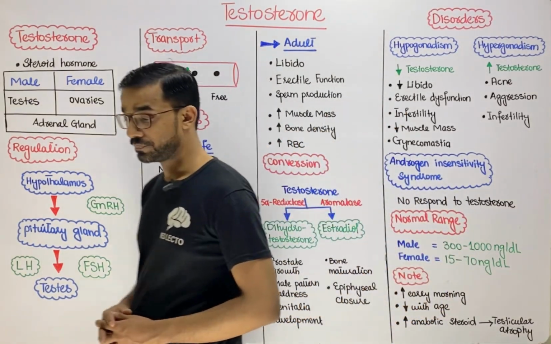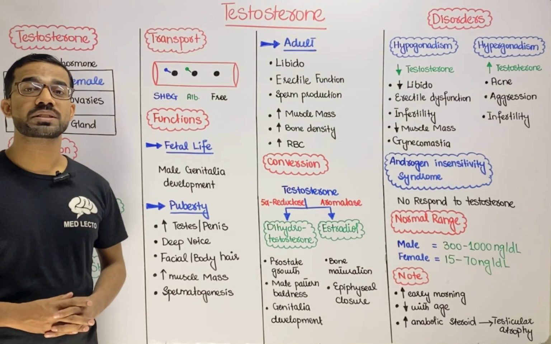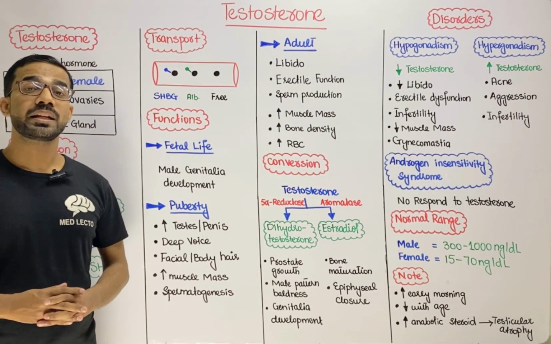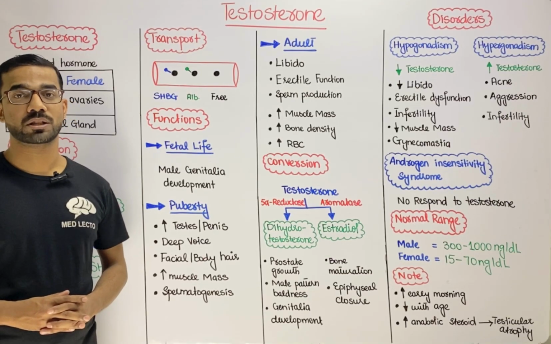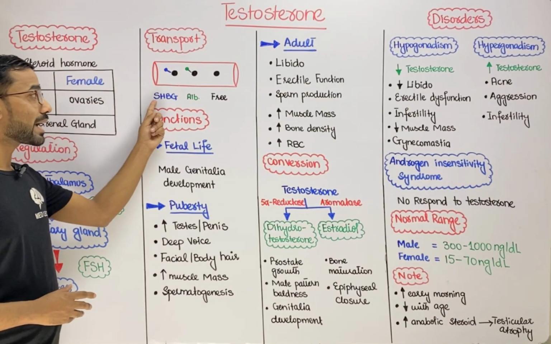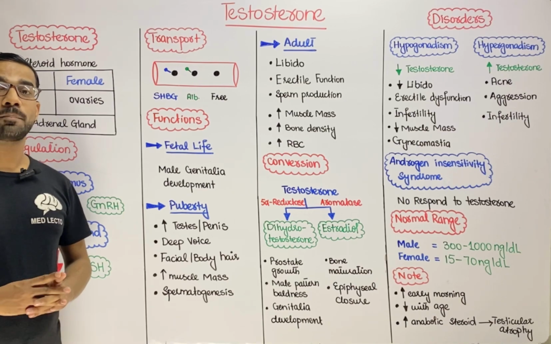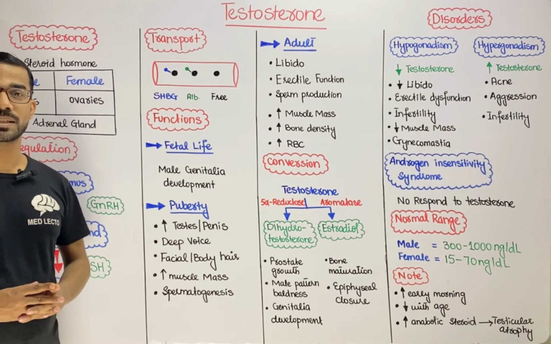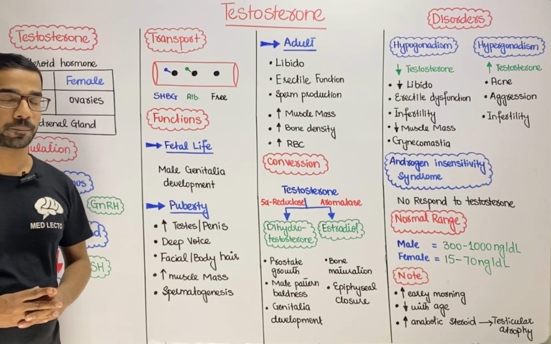Next, we will see how testosterone is transported in the blood. There are three main pathways through which testosterone is transported through the blood. First is sex hormone binding globulin. Testosterone can bind to this globulin, which is a protein, and be transported to different parts of the body.